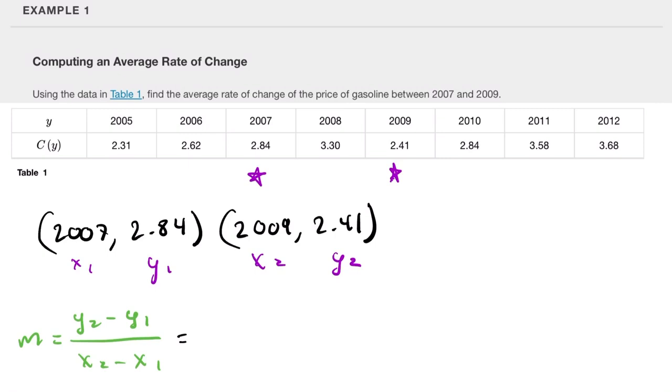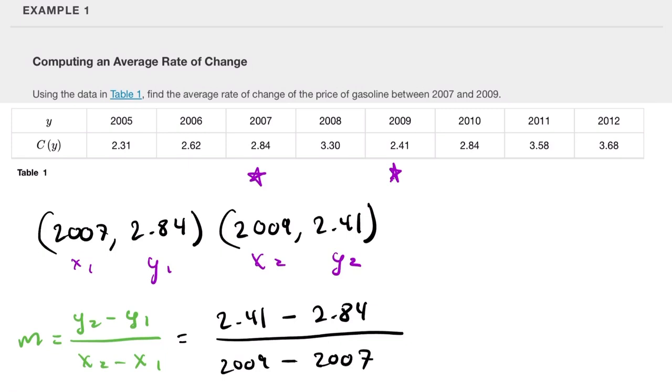So my y2 in this case is going to be 2.41 minus 2.84 over 2009 minus 2007. Okay. Let me see, that would be negative 0.43.